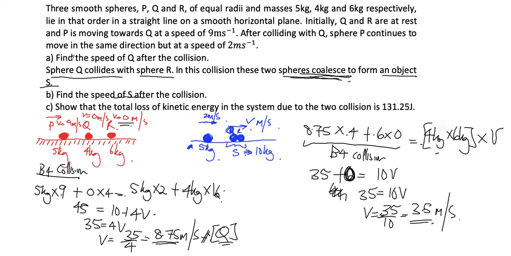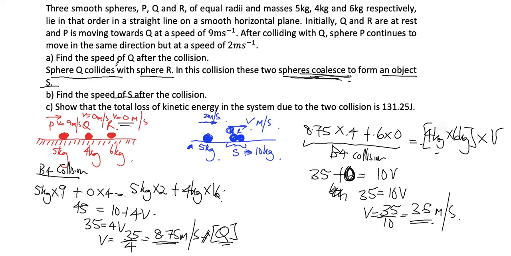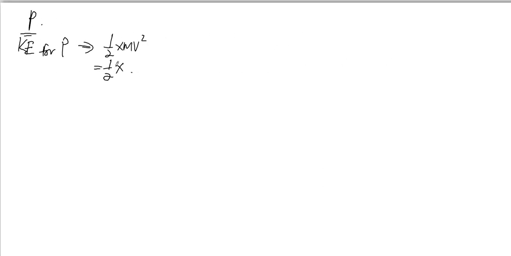It was traveling at 9 meters per second, so KE will be half times mv squared, and half times the mass, which is 5 kg, so 5 times 9 squared, that is 81 times 5 over 2, and your answer is 202.5 joules. So that is the initial before collision.